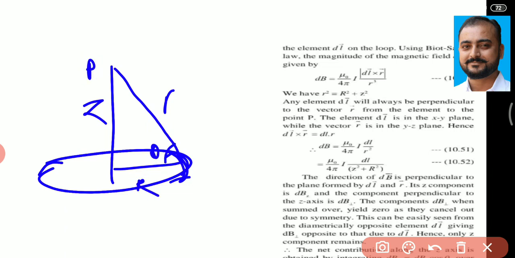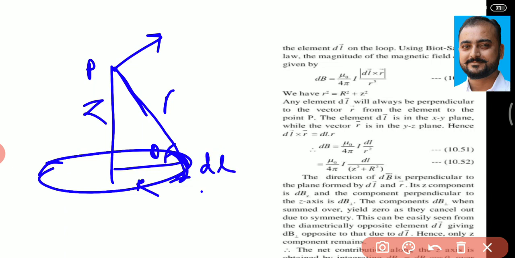This is point P. Now remember that the direction of the magnetic field produced according to the Biot-Savart law is always perpendicular to both the line joining as well as the small element dl.